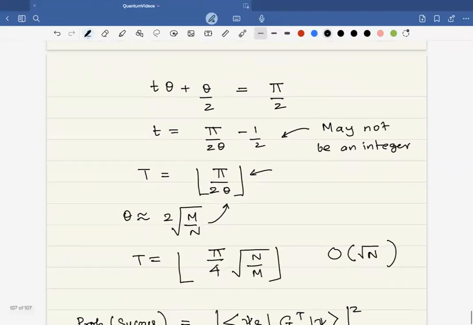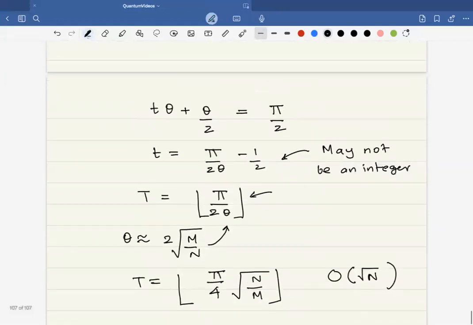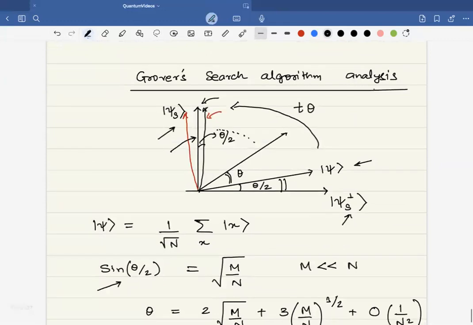Okay. So that means that the probability of success is going to be greater than or equal to sine squared of pi over 2 minus theta over 2. Okay, so this angle cannot be more than that.